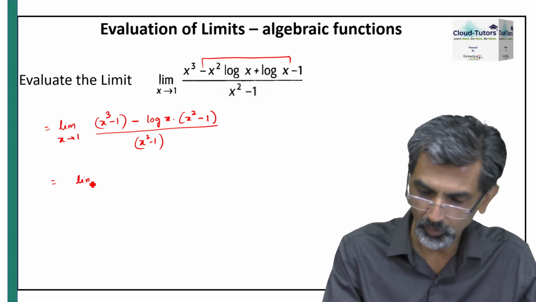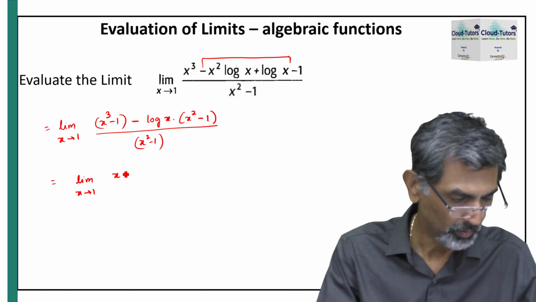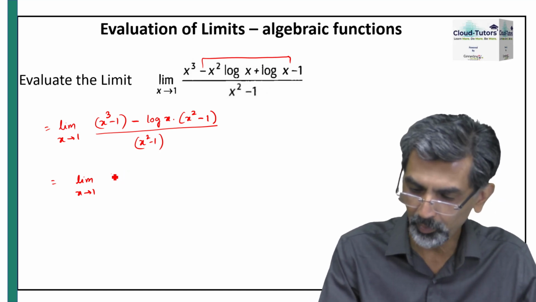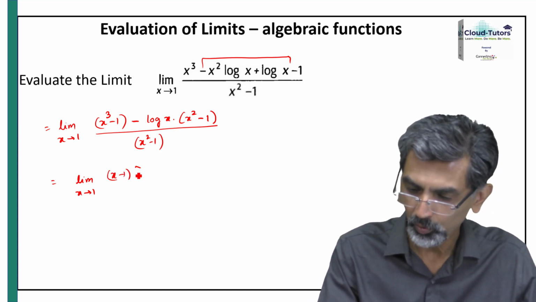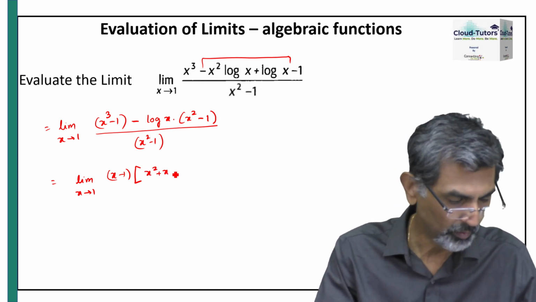That becomes limit of x tends to 1. X minus 1 is common to both those terms, so it becomes x square plus x plus 1.